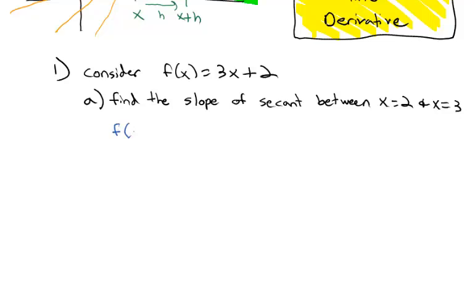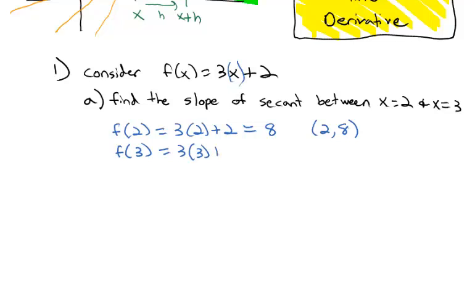So we want to find f of 2. That's 3 times 2 plus 2, which is 6 plus 2, which is 8. In essence, we've got the point (2, 8). When 2 went in the function, 8 came out. And f of 3, sticking that in the function for the x, we've got 3 times 3 plus 2, which is 11. So when 3 goes in, 11 comes out.